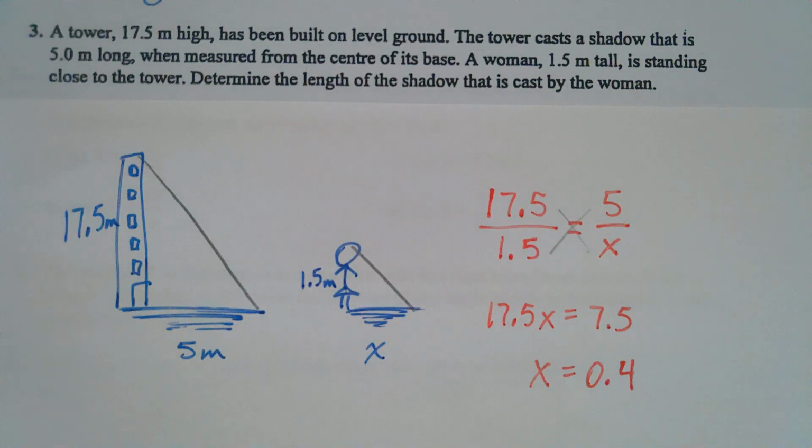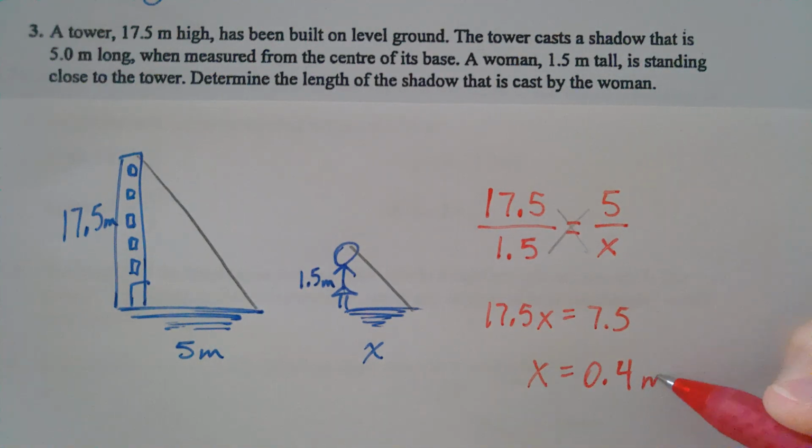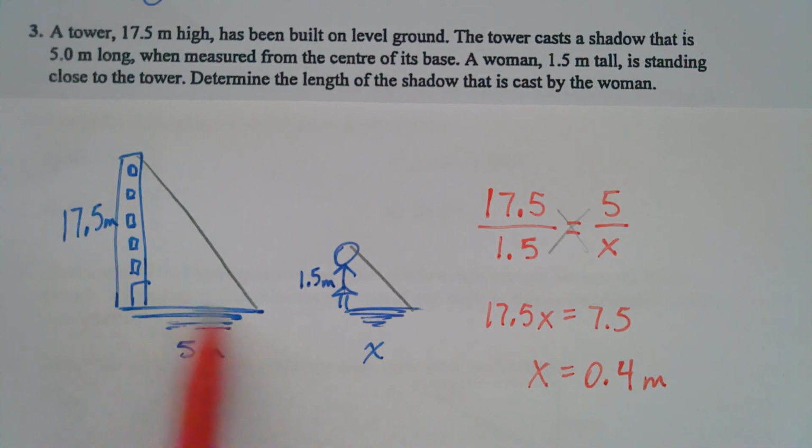Again, all the lengths on the test, just one decimal place, and all the angles to the nearest degree. What's my unit? Meters. Right, I was looking for a length. And does my answer make sense? Yes, it's reasonable because if the big building, the tower makes a 5-meter shadow, the little me right here should make a small shadow right here.